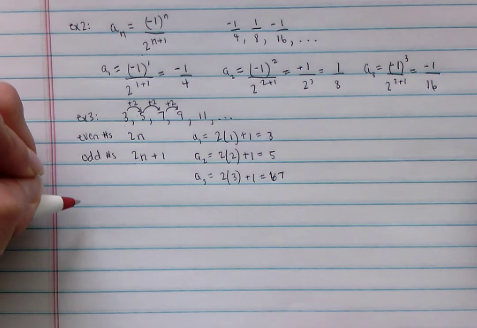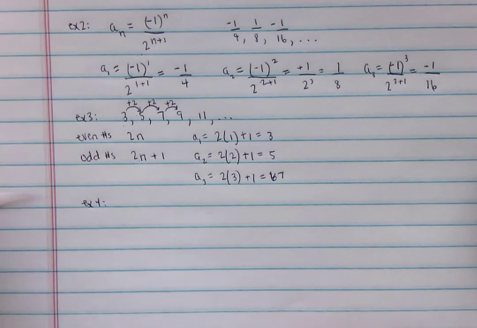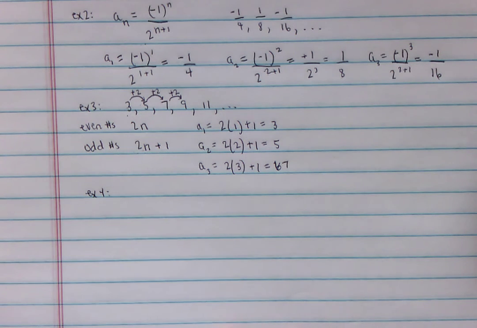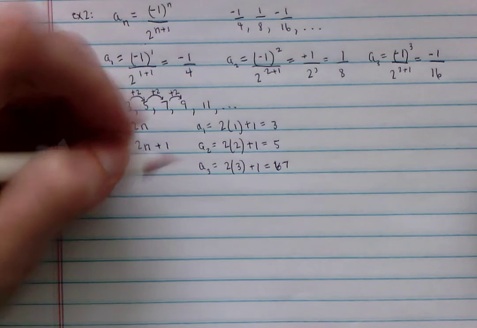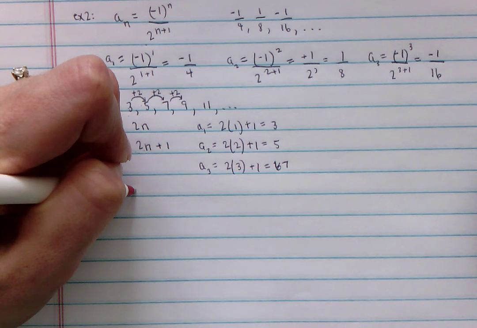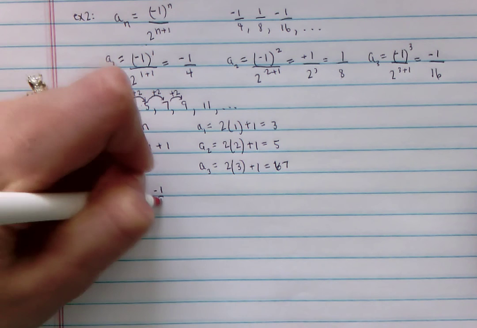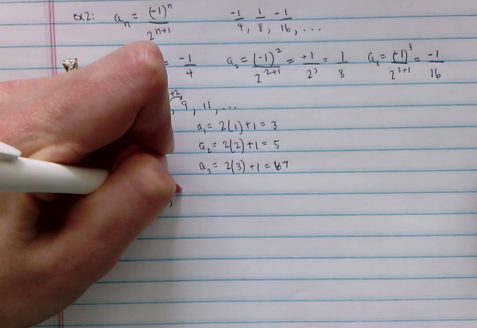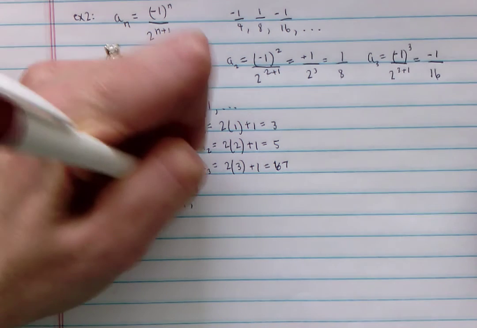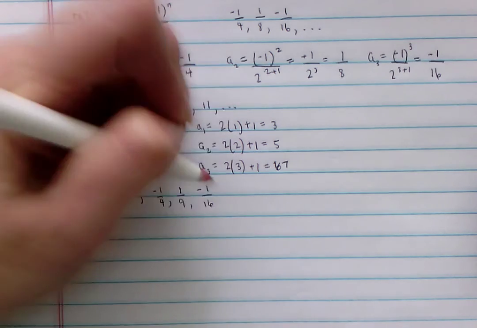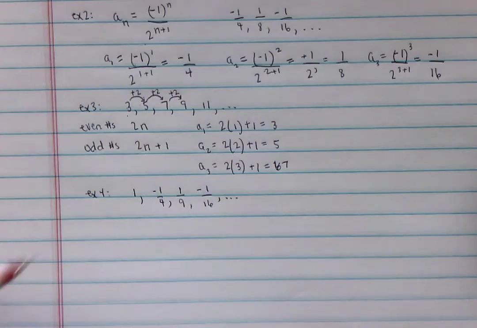Okay. Example 4 is writing a sequence with alternating signs. So they show you this sequence and they go, okay, it's 1, negative 1 over 4, then it's positive 1/9, then it's negative 1/16, and so on.